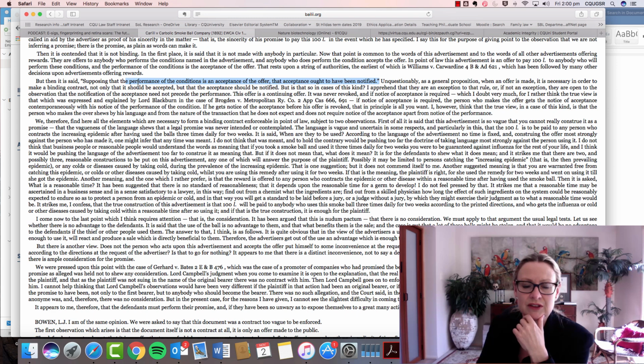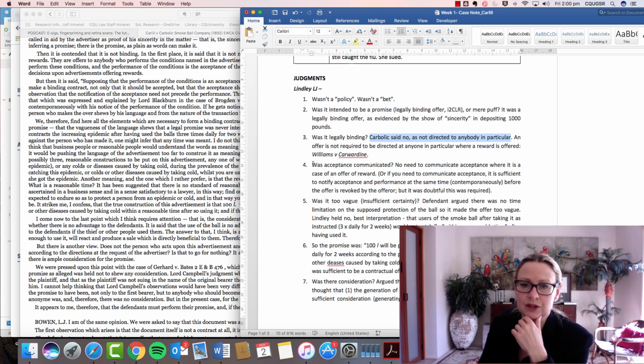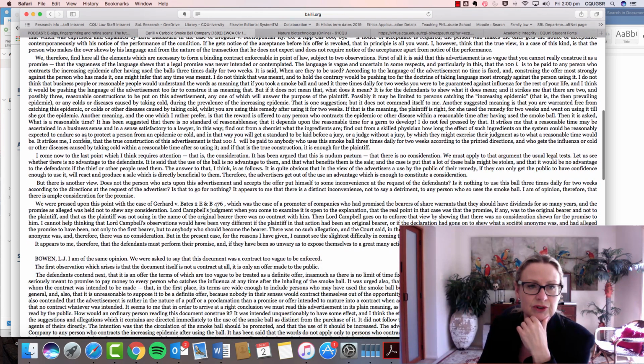So the thing that they're arguing about is whether Mrs. Carlill actually told Carbolic that she had accepted their offer, because normally that's what has to happen before a contract is formed. So they argue a little bit about that point, and that needs to go into your case note as a separate issue.